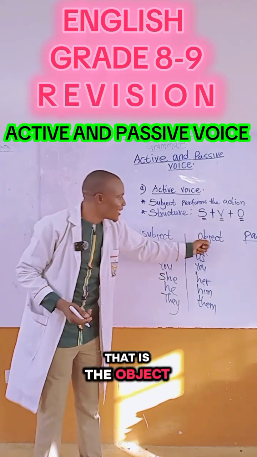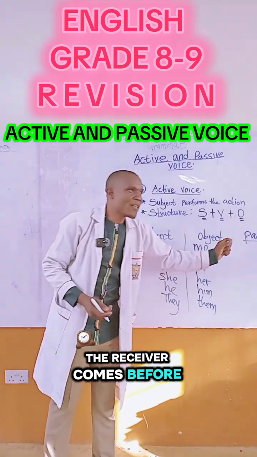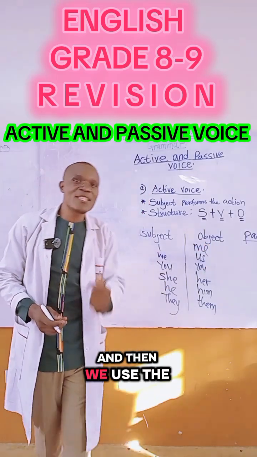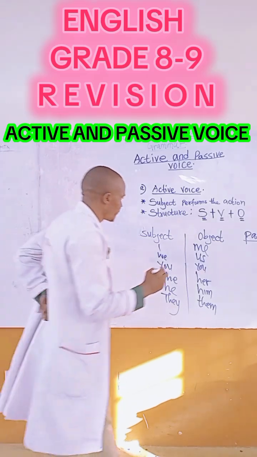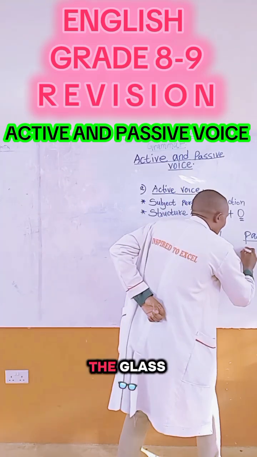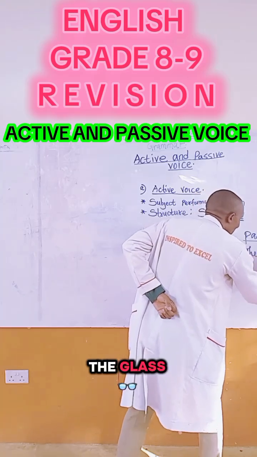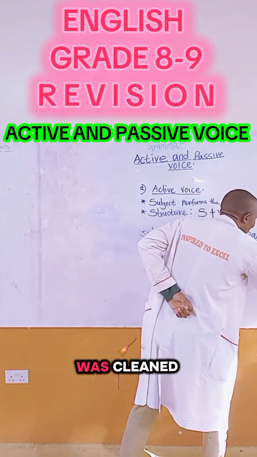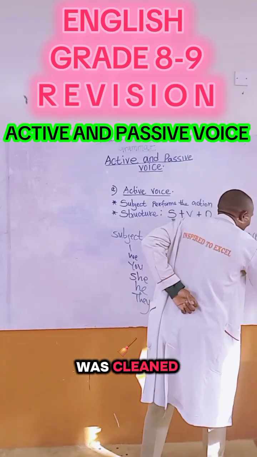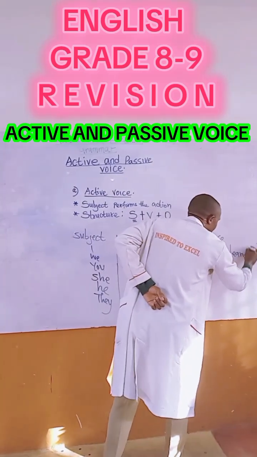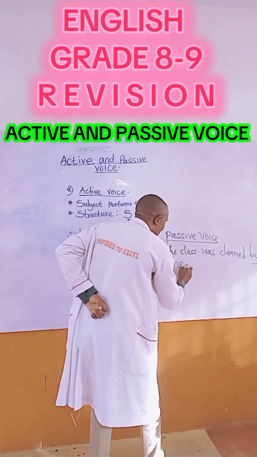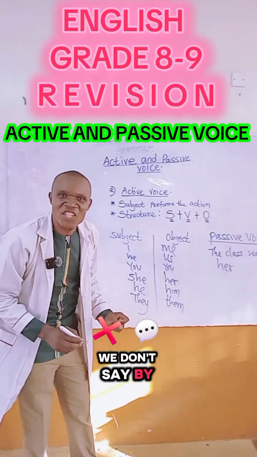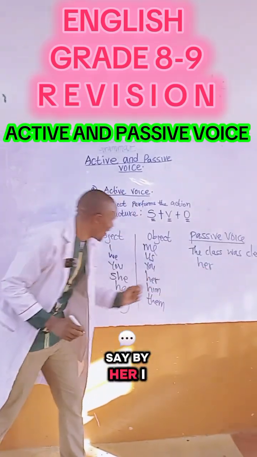That is the object. The receiver comes before the verb. And then we use the word by. I say, the class was cleaned by her. We don't say by she, we say by her.